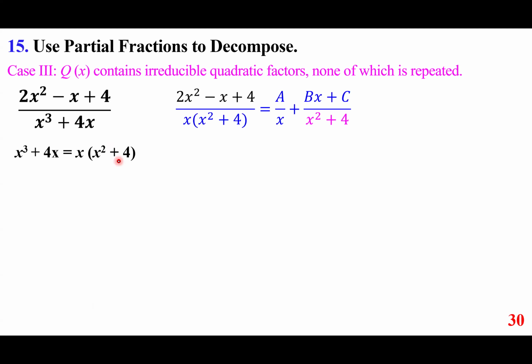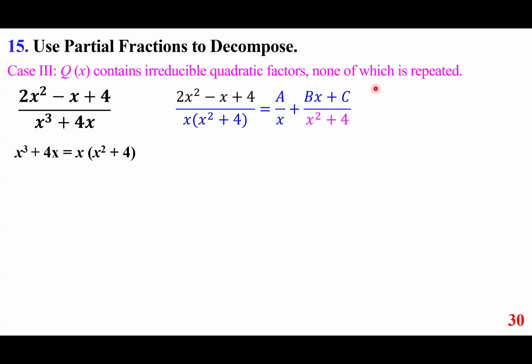Therefore, I write it in this fashion, everybody. Notice that's this side, of course, the denominator is factored, from a over x. And then because this is of degree 2, the numerator must be degree 1, bx plus c.